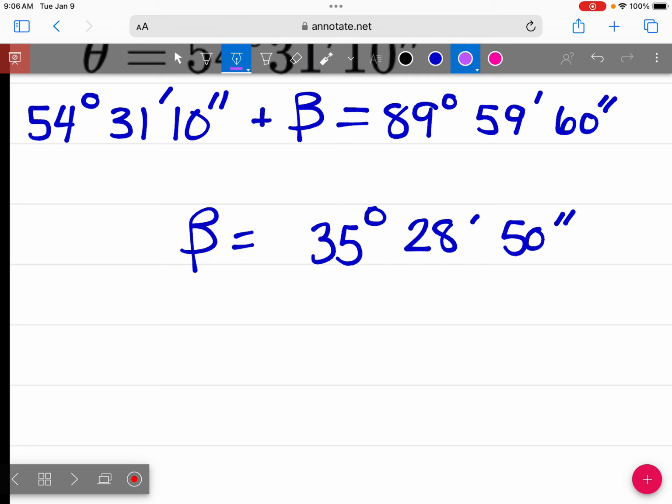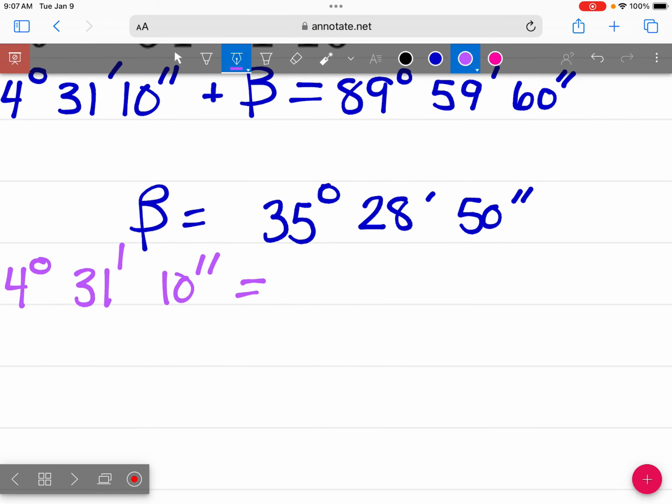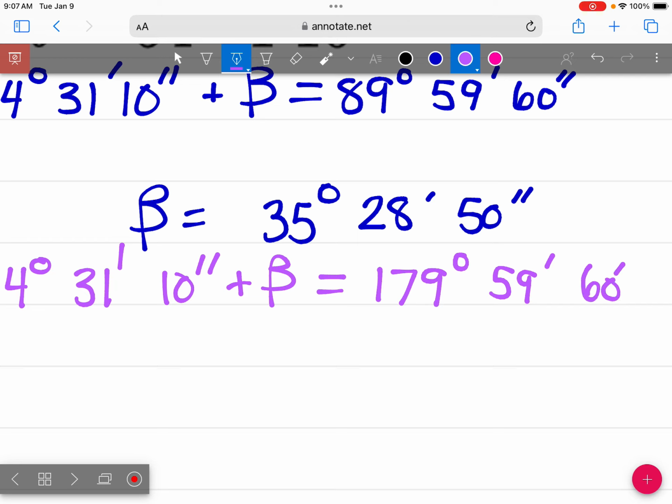So we're going to do the same thing with our 54 degrees, 31 minutes, and 10 seconds. But this time we're going to do it for our supplementary, for our 180 plus beta. But instead of writing it as 180 degrees, we're going to do it the obnoxiously complicated way, where it's 179 degrees, 59 minutes, and 60 seconds.